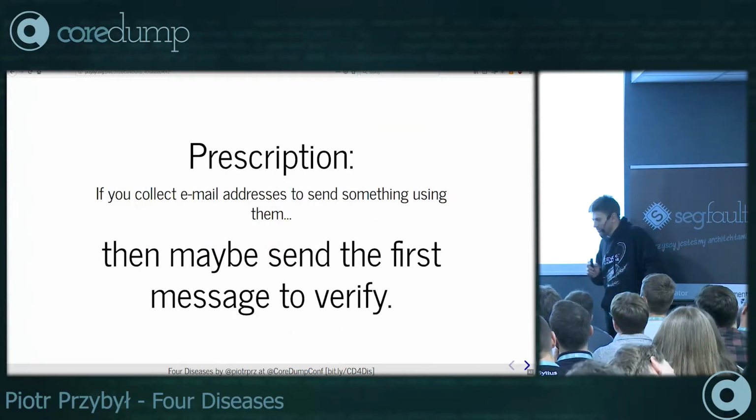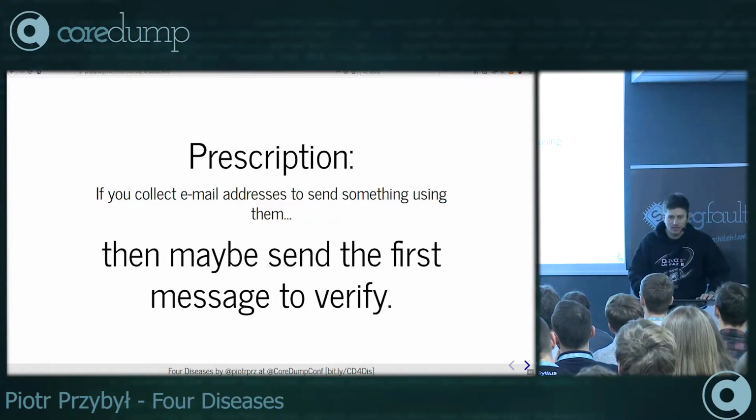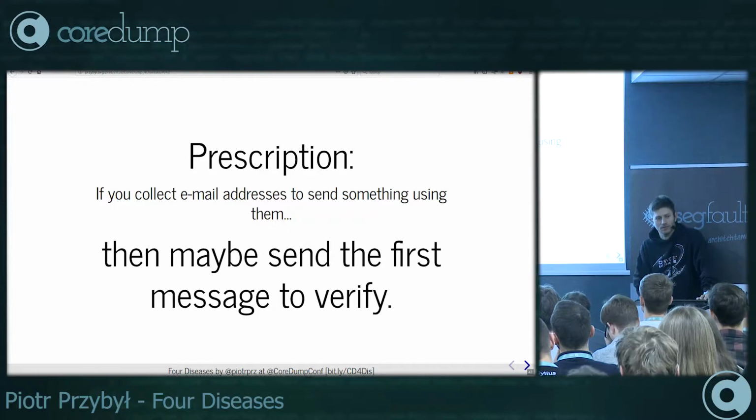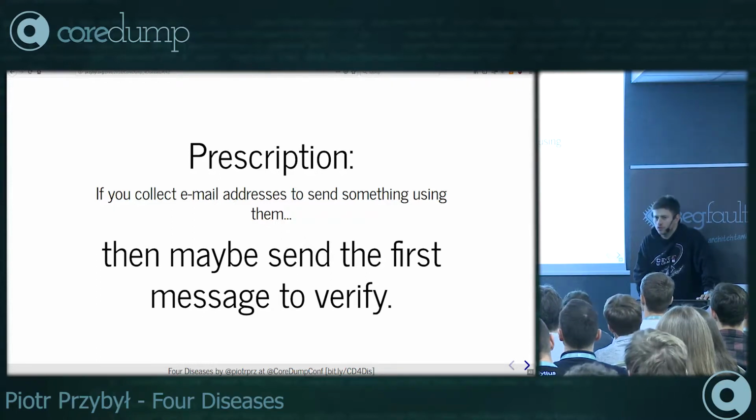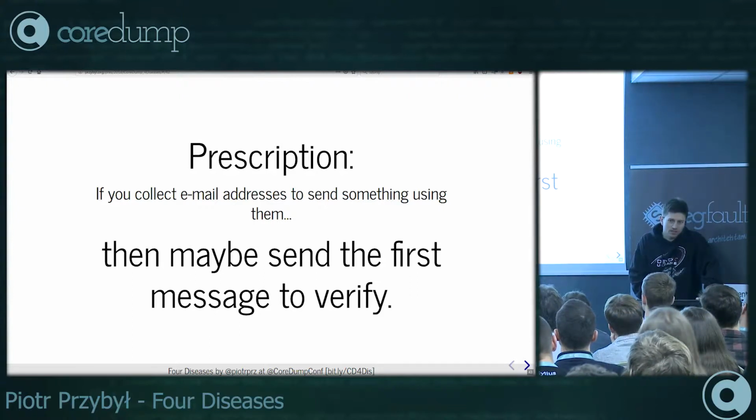So my prescription: if you collect email addresses, just like you did for snail mail addresses, and you do that to send emails, maybe you should try to send the first one first, with a confirmation link or something.